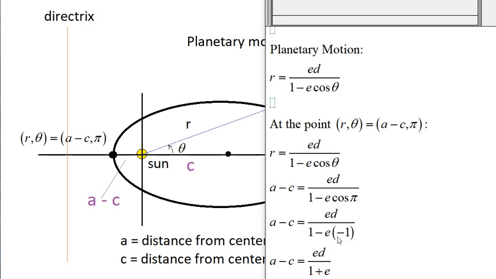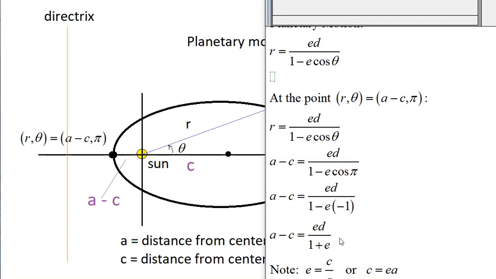Cosine of pi is negative 1. So we have A minus C is equal to ed divided by 1 plus e.